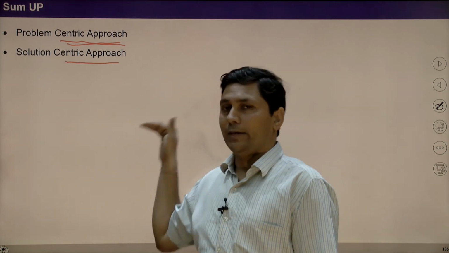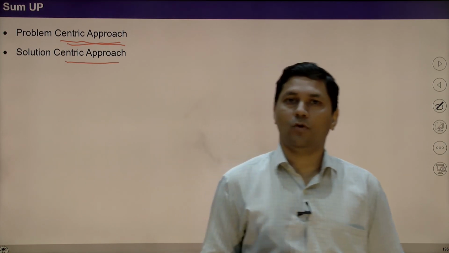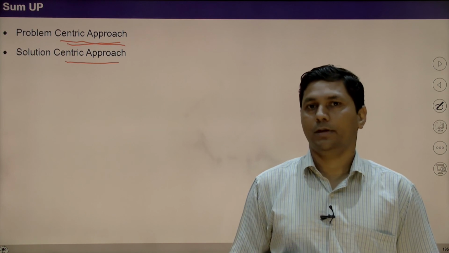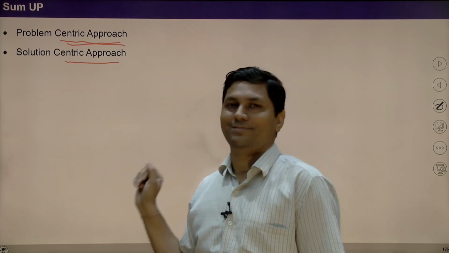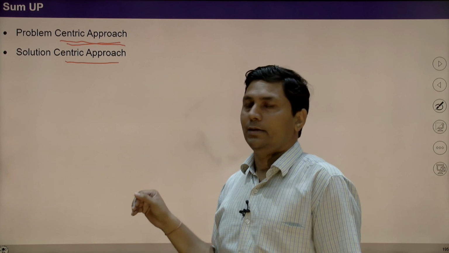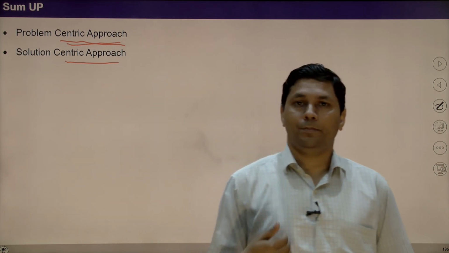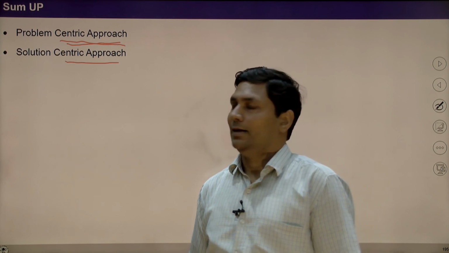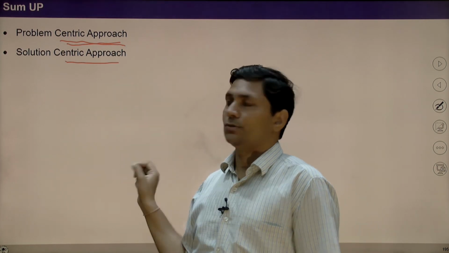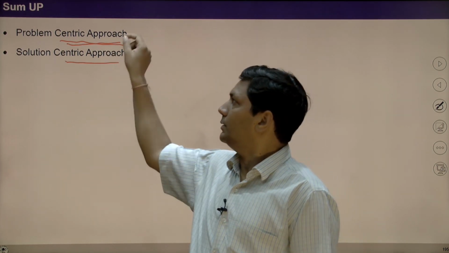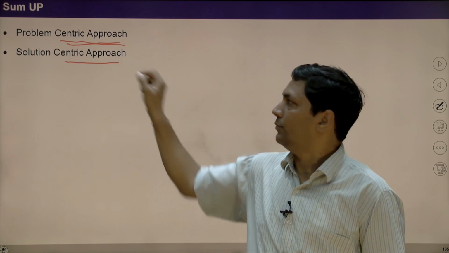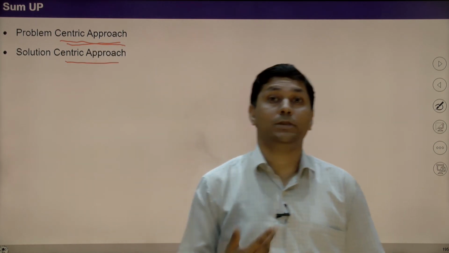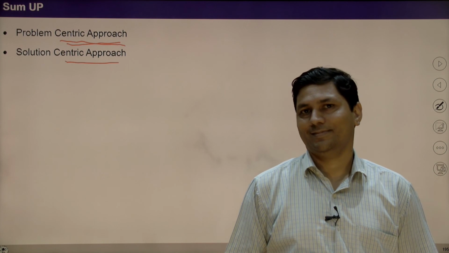Now you can pause this video for 2 minutes. Make your own list of problems, or make a list of your previous problems which you solved, and write in the next column whether you took the first approach, problem-centric approach, or solution-centric approach.